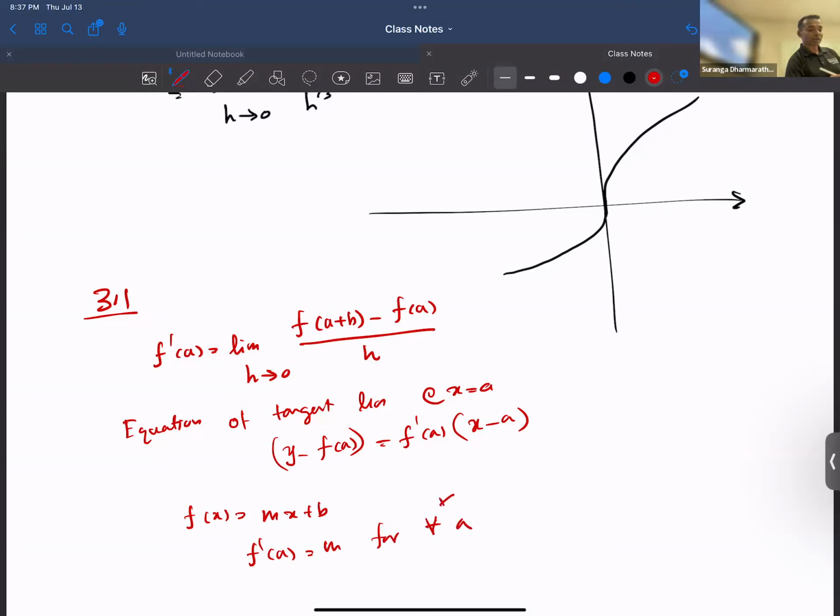This symbol means all values of a. And then if you have f of x equals b, what is f prime of a for a constant function? Can you go back and see what you got for a constant function? What is f prime of a for a constant function?